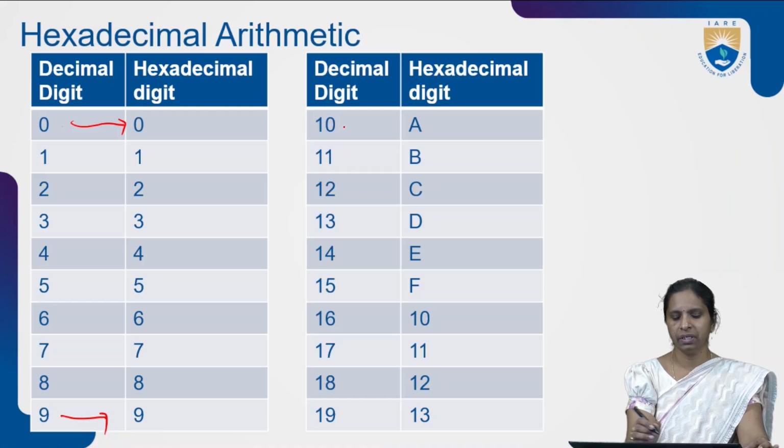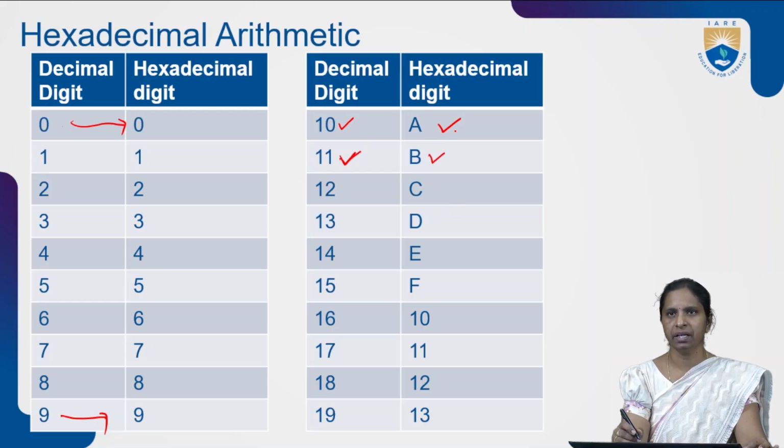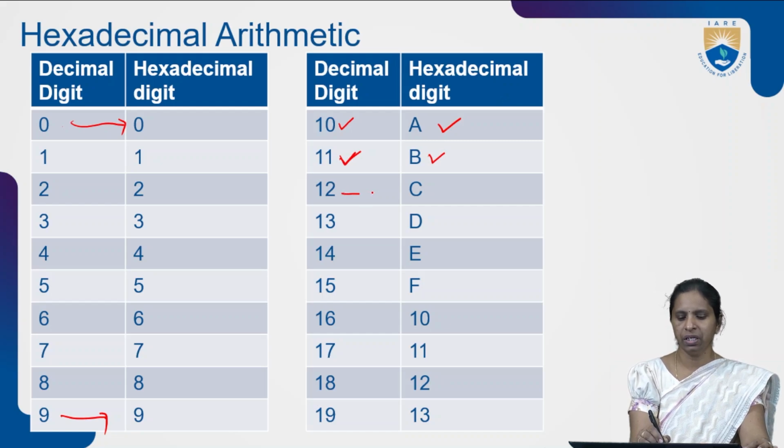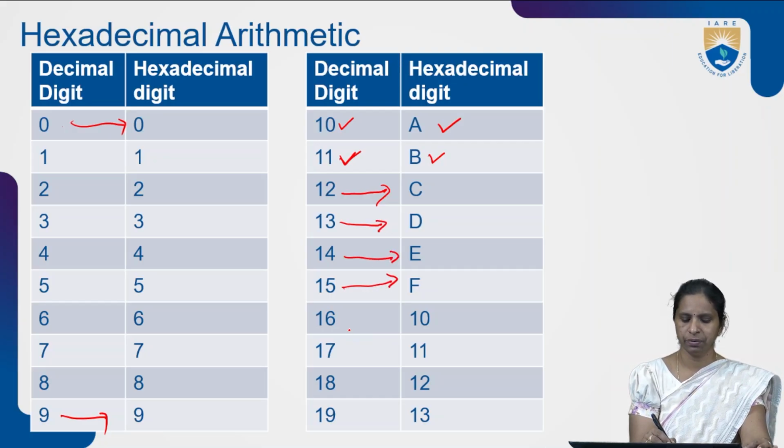And the digit 10 in the decimal number system is represented as A in the hexadecimal system. And 11 is represented as B, 12 as C, 13 as D, 14 as E, 15 as F.